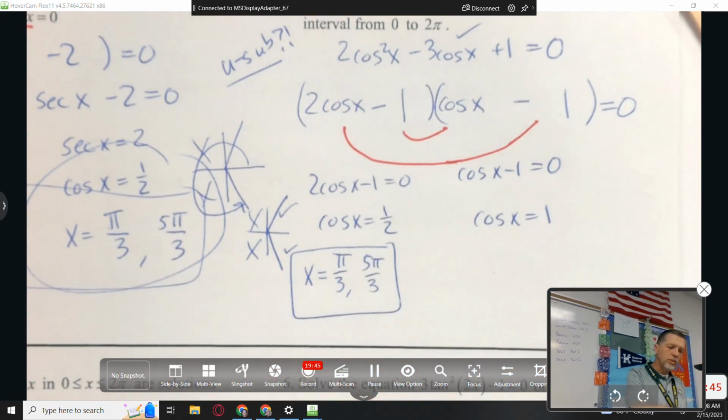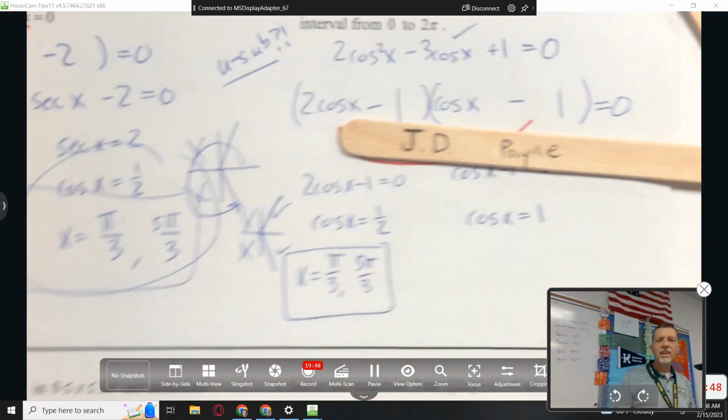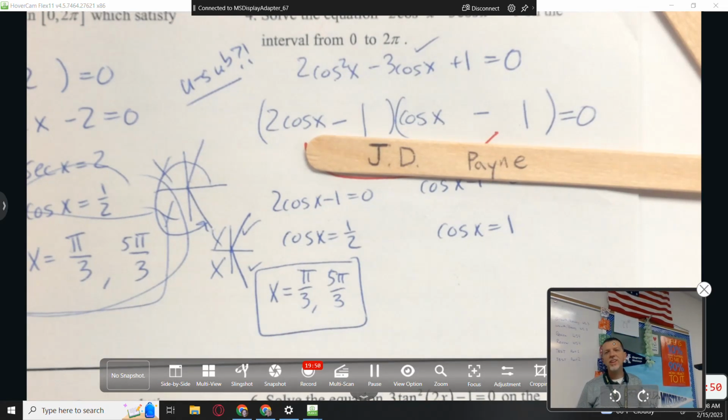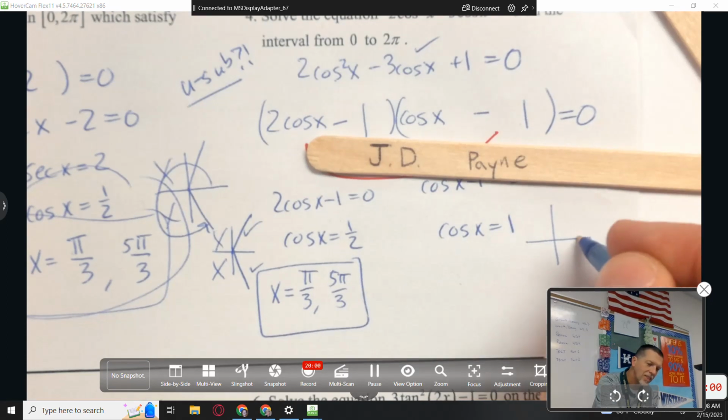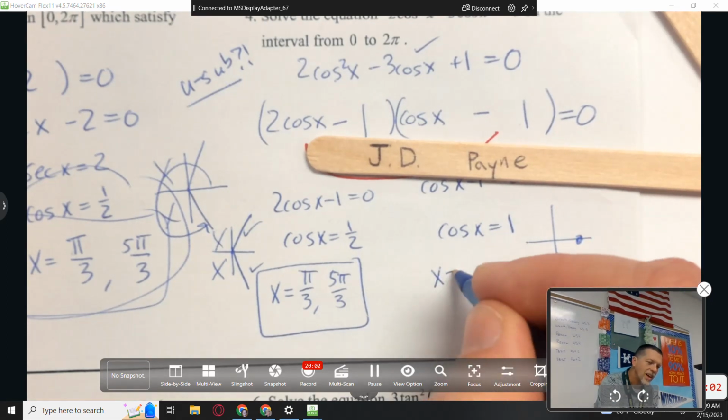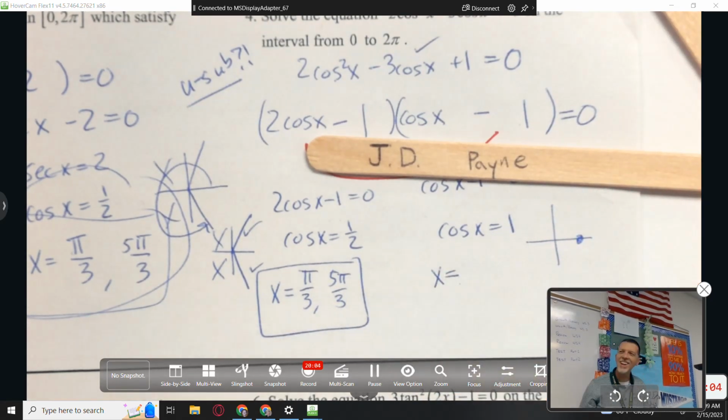Cosine of x equals 1. JD, where does the cosine equal 1? Pi over 2. No. 0. Pi plus 2 pi. You're 2/3 right.